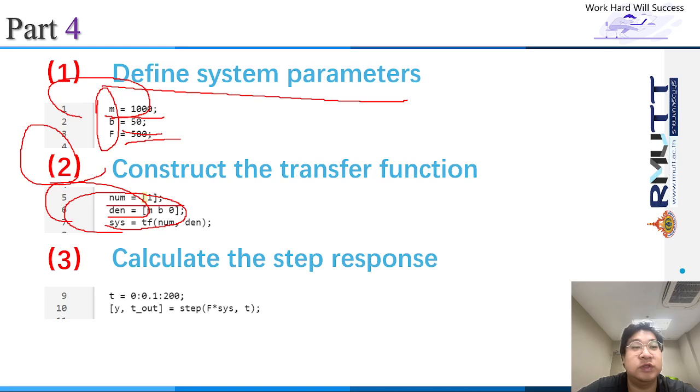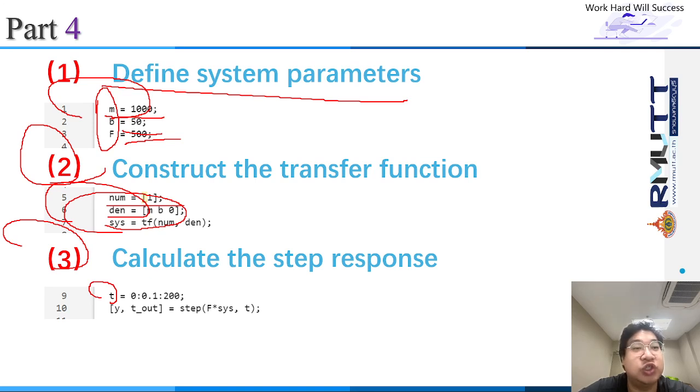And the third step is to set the simulation time and calculate the response. It defines the time axis for 200 seconds.